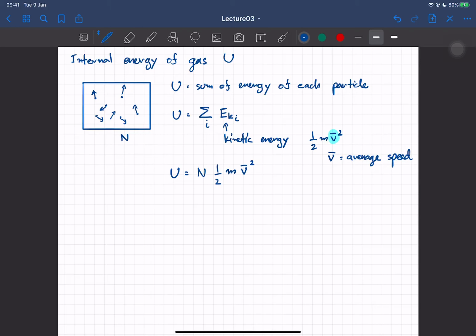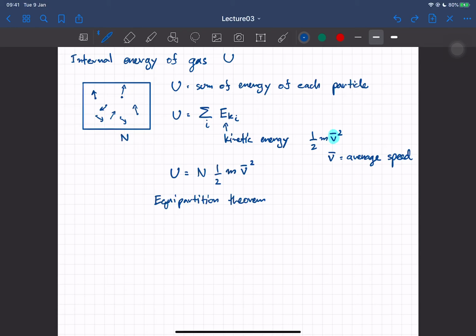Now comes the thing that unfortunately I cannot go into any more detail about, like how we can derive this. There's a theorem called the equipartition theorem, which is beyond the scope of our class. The equipartition theorem relates the average speed to the temperature of the gas.